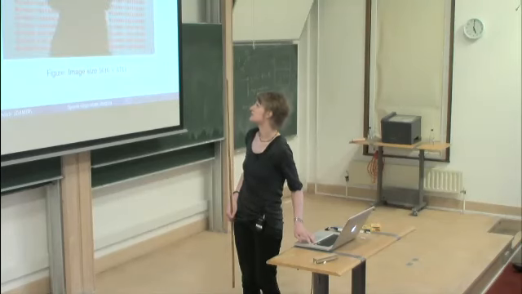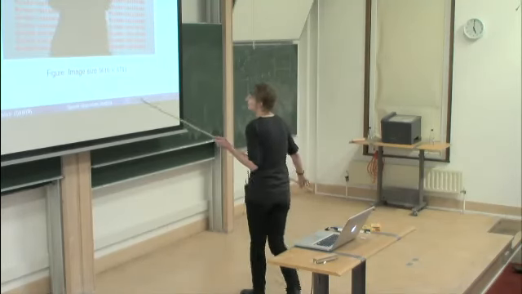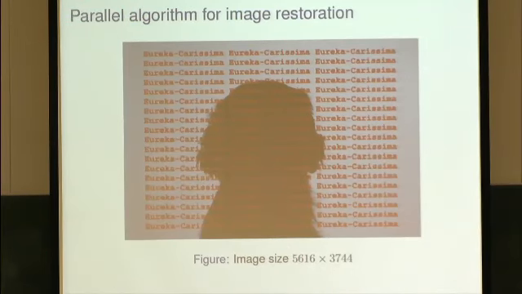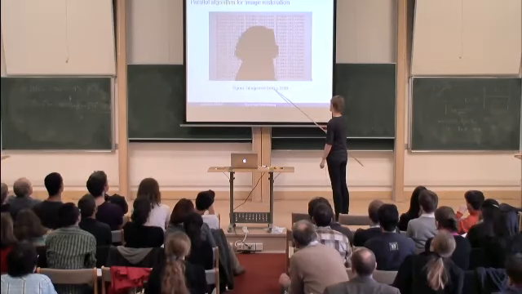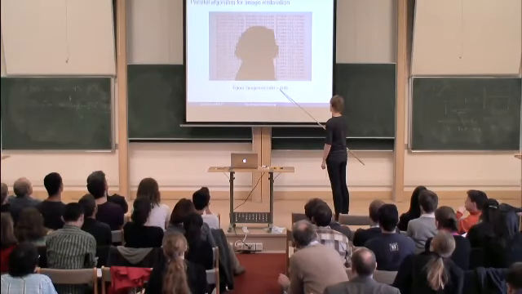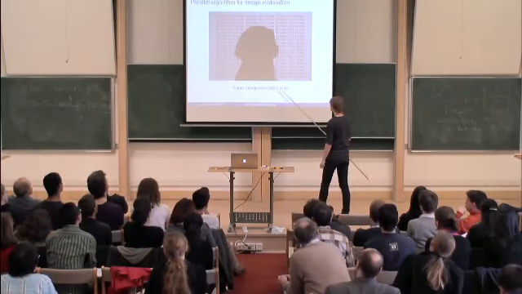Just very quickly, some numerical results. And I think I will not have time to talk about the parallel MRI example, but let me just keep talking about image inpainting, image restoration. So you have an image which is very large, approximately 5,600 times approximately 3,700 pixels.